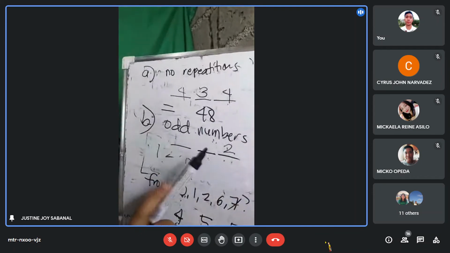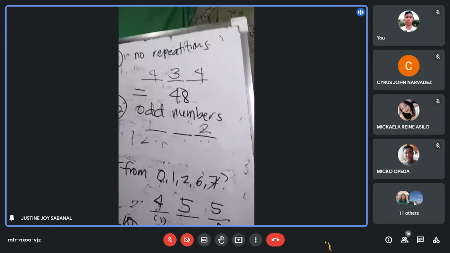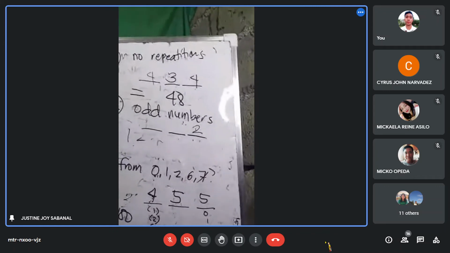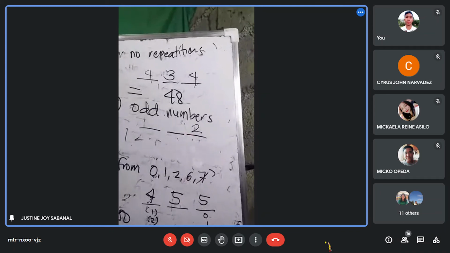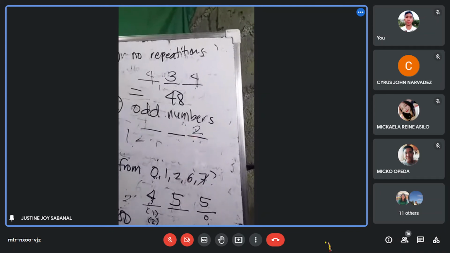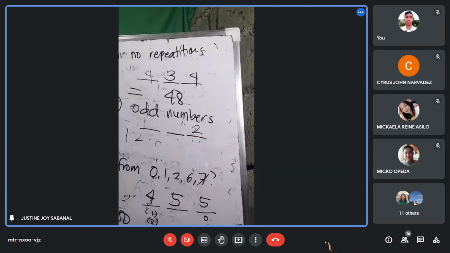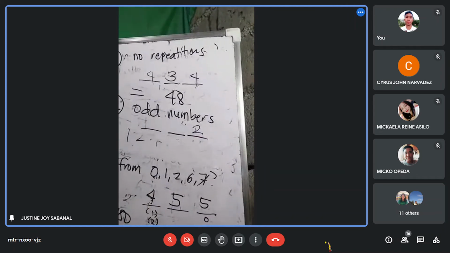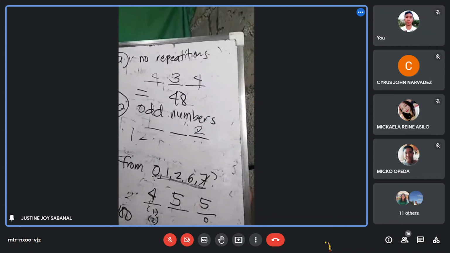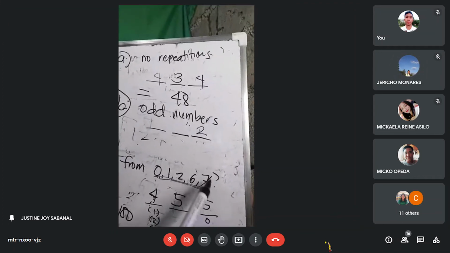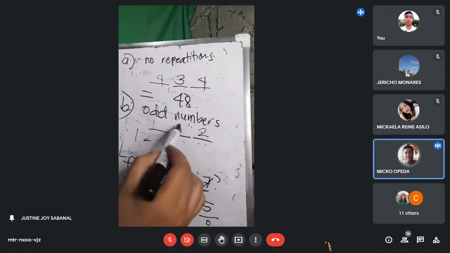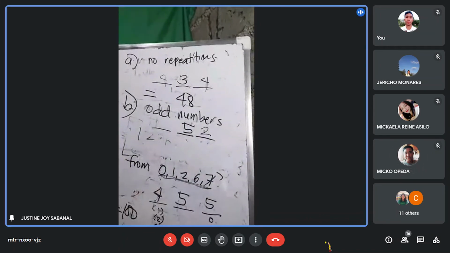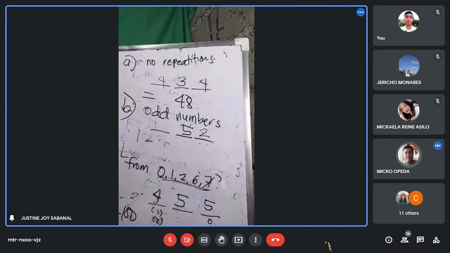So, ilan yung option sa middle, sa tens digit? Bale, 5 po. Okay. So, 5 pa din doon sa hundreds digit. 5 din po.